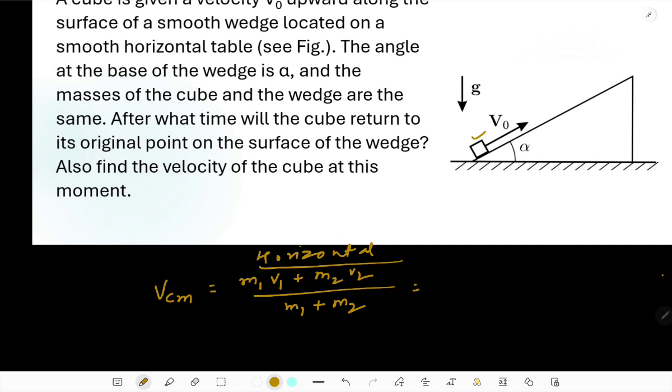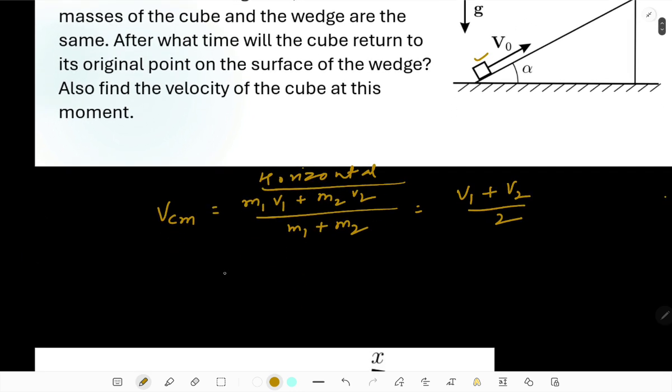Since m is the same for both objects, VCM simply becomes (v1 plus v2) by 2. Let v1 be the velocity of the cube.